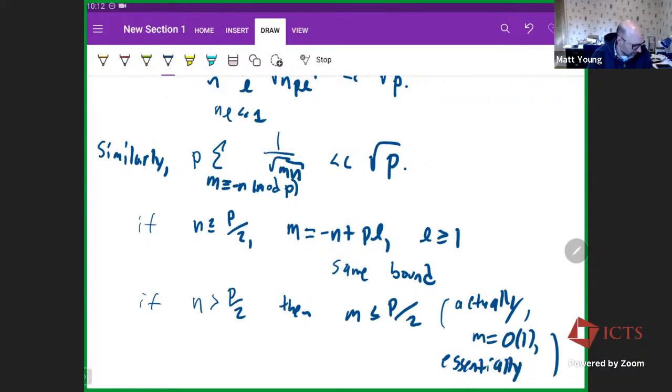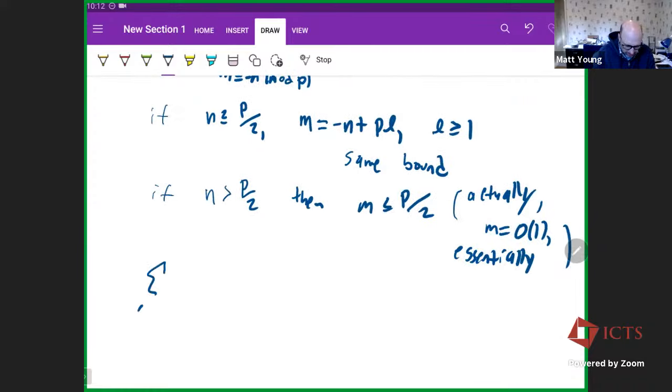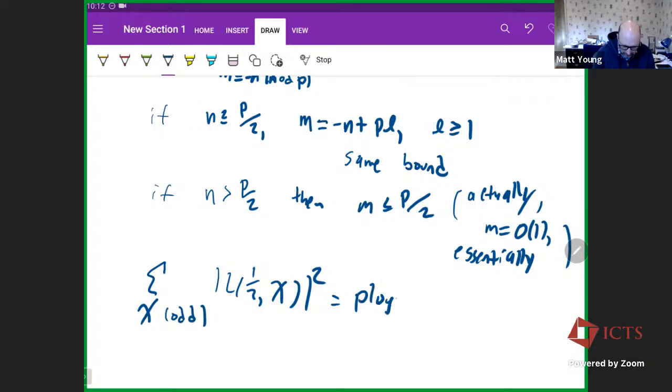So, great. What we've shown is that if you sum over chi odd mod P, L of a half chi squared, this is equal to P log P plus big O of P to the 1/2.